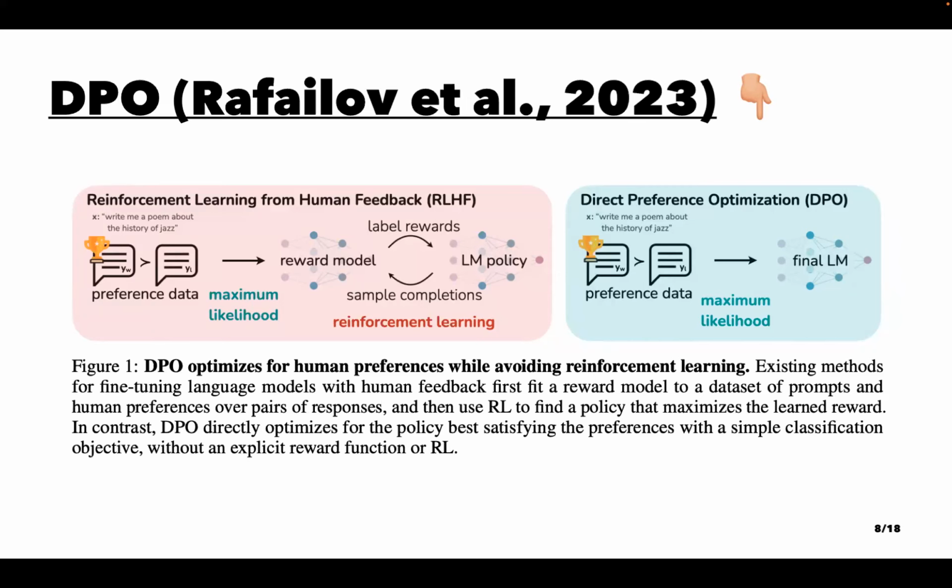Given our preference data, we can cook up a maximum likelihood loss with respect to just the LLM, and then in theory, because of the way we've cooked up the loss, the model should maximize the same objective that we had in the RL setting. Let me show you that.